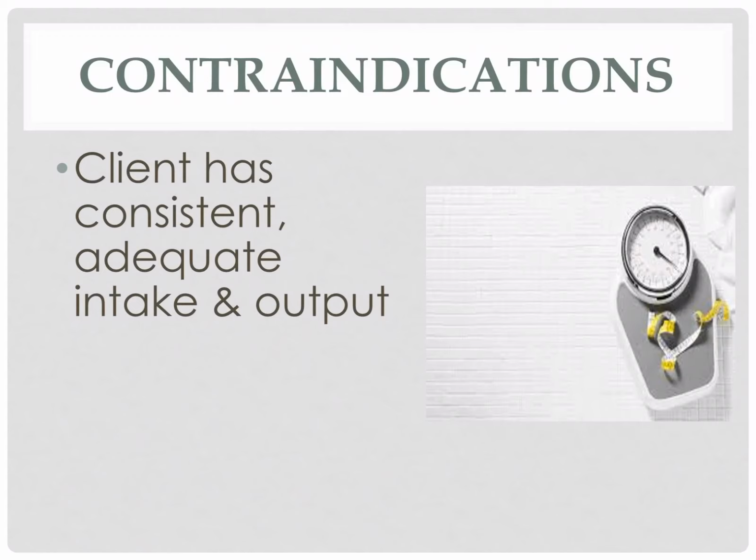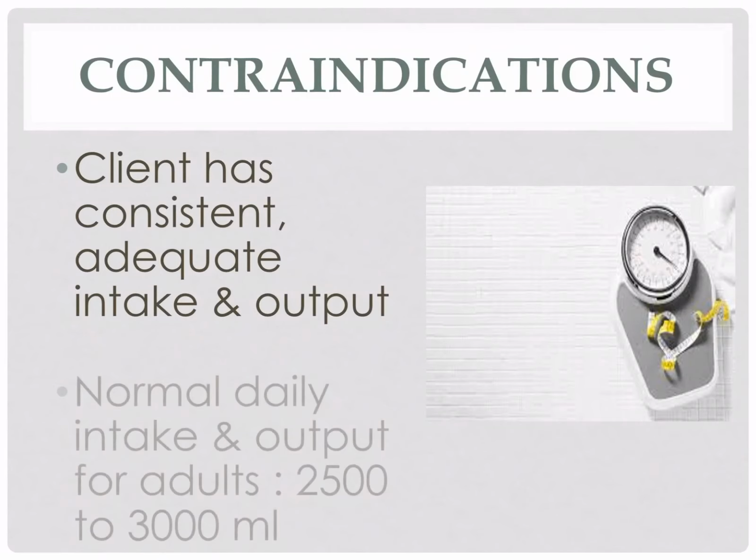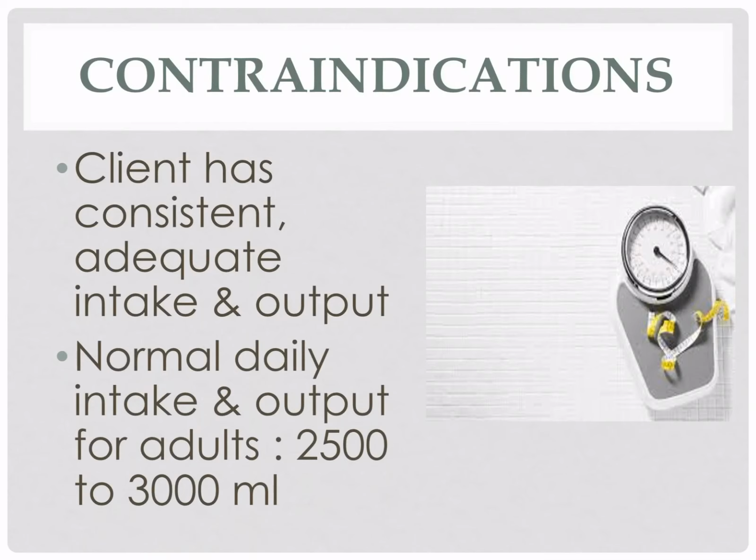For example, before, you were monitoring the intake and output every hour, now you can monitor it every 4 hours, if the patient has achieved a normal daily intake and output for adults of 2,500 to 3,000 ml. If your patient has achieved this goal, you can lessen the frequency of monitoring the patient.